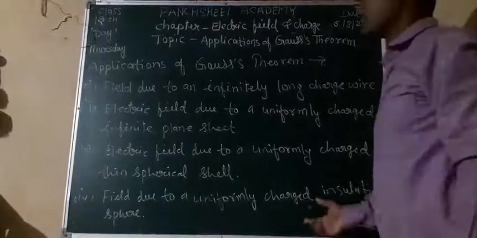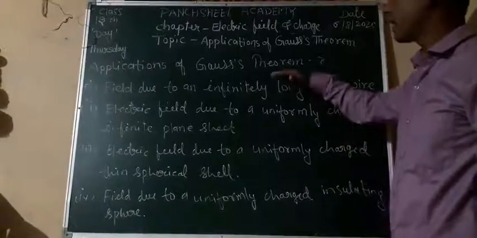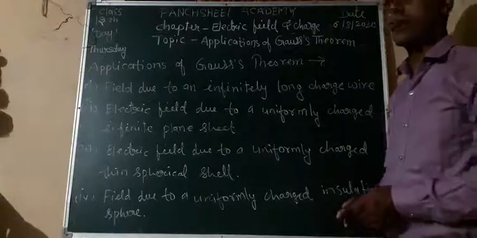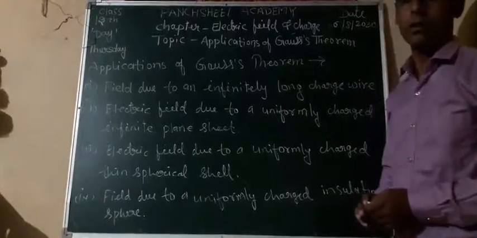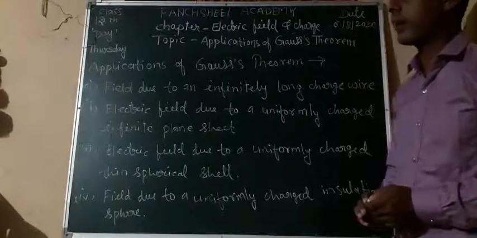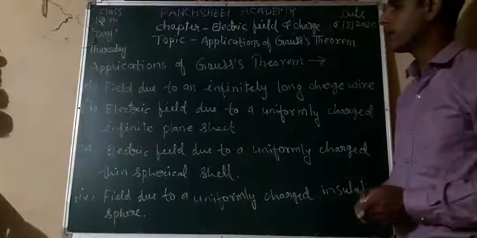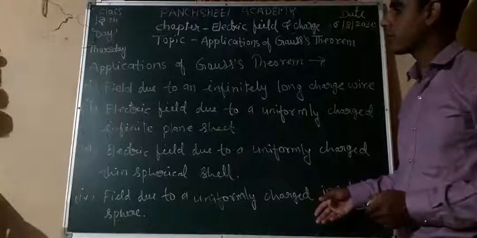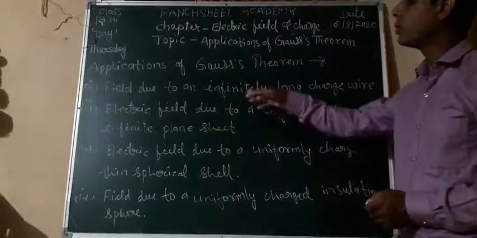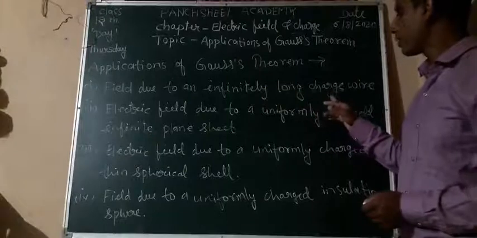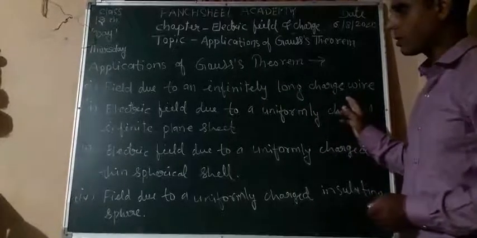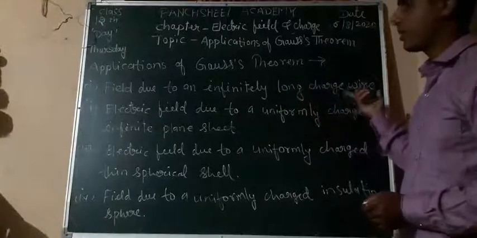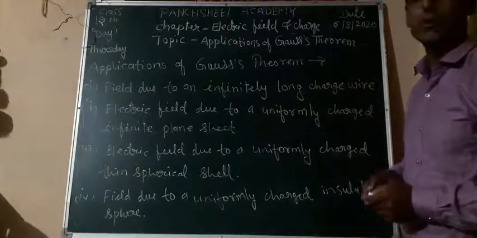So our next topic is applications of Gauss theorem. The application of Gauss theorem is very important to find the electric field and electric flux. These are the applications. First is field due to an infinitely long charged wire, which we can easily calculate using Gauss theorem.